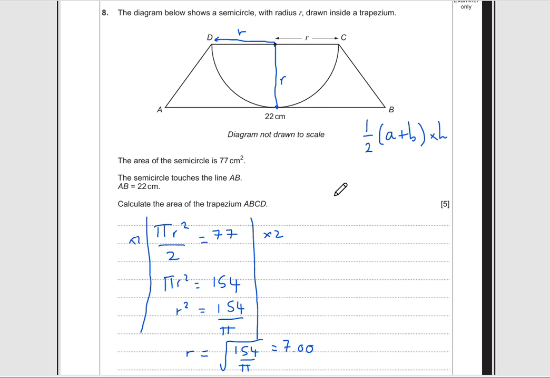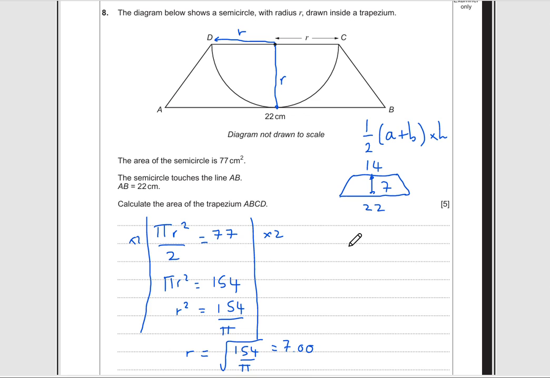Okay, so now let's have a little bit of a think about this trapezium. So I've got my lengths here. So 2 lots of the radius along the top, that's going to be 14. My base is 22. The height between them is going to be the radius, so that's 7.